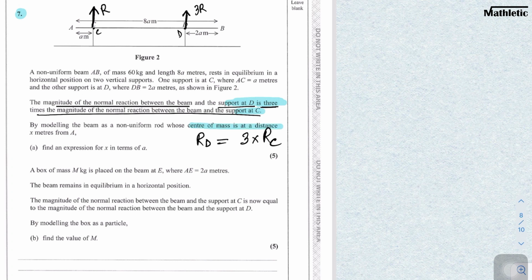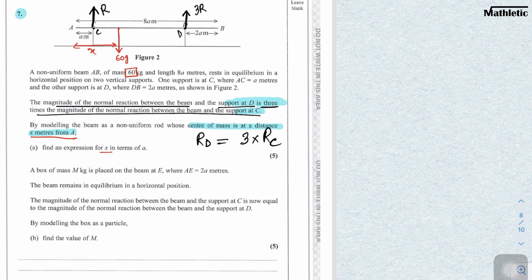The center of mass is at a distance of x meters from A. So let's assume that this is the point from where the weight will act, and this distance from A is x as mentioned in the question, and the weight is 60g, mg. So mass is 60, so weight should be 60g.